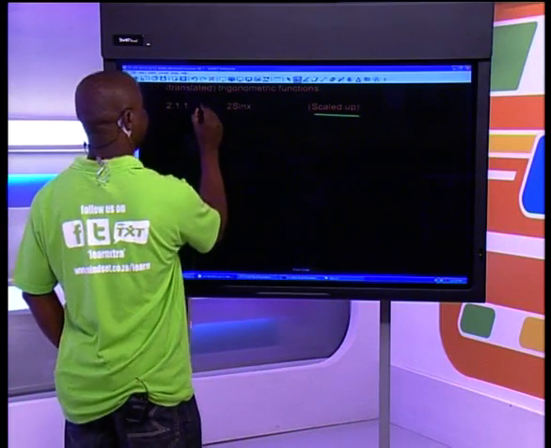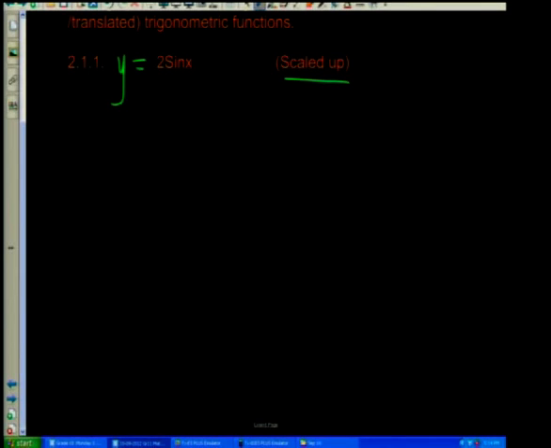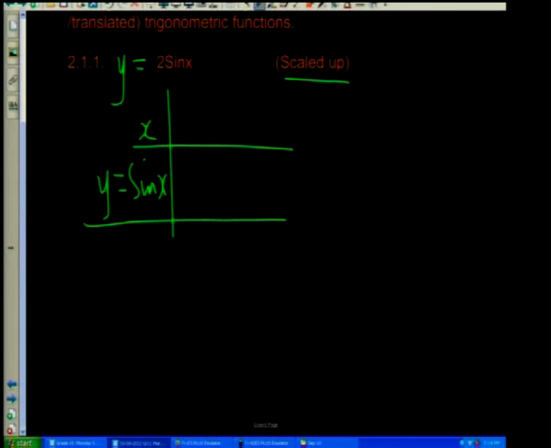If y equals 2 sine x, and in your table you had y equal to sine x, you now scale it up and say every y value you're going to multiply by 2. So in your table, the values that you get, you then double them.